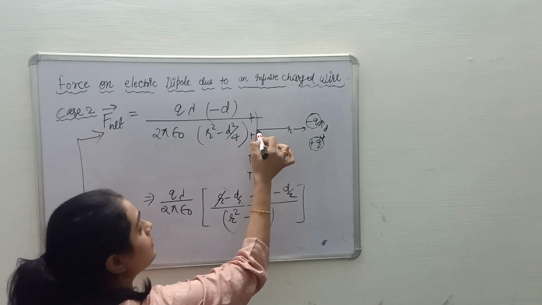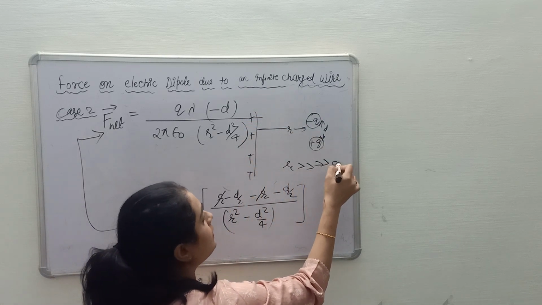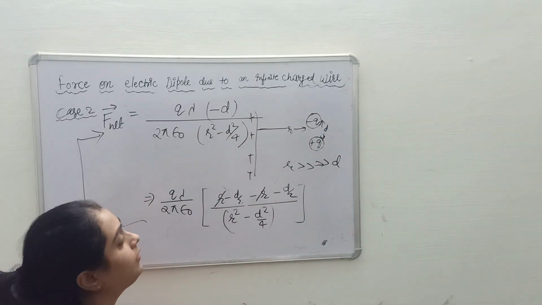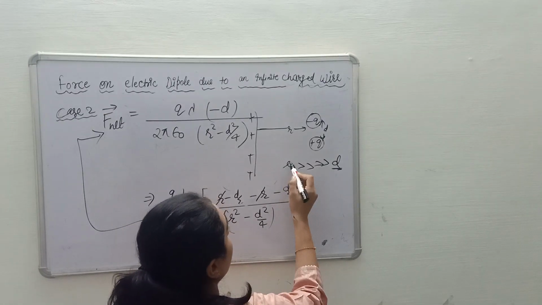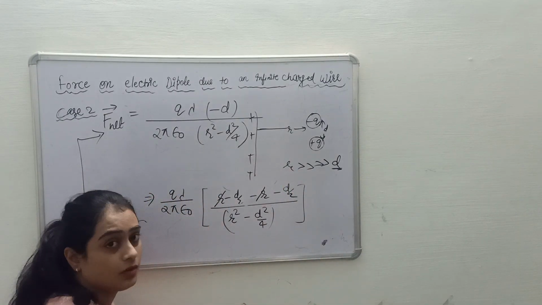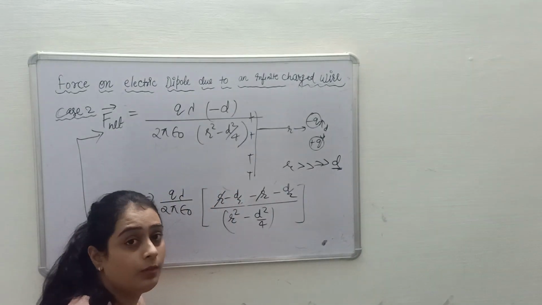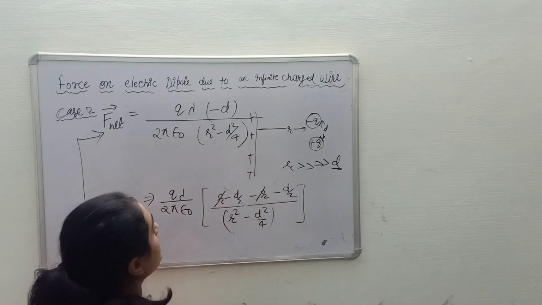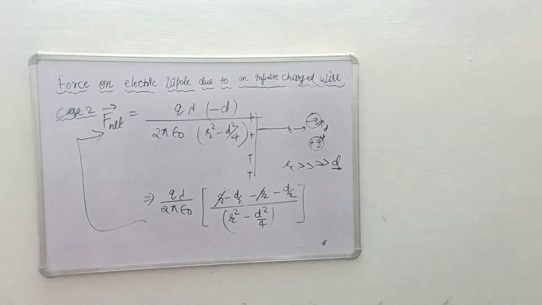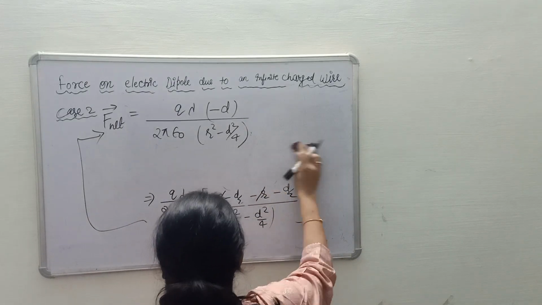So this distance r is very much greater than the distance d between the dipole, so we can neglect d square as compared to r square, because if r is very much greater than d, obviously r square will be very much greater than d square also. So I'm going to neglect this value.